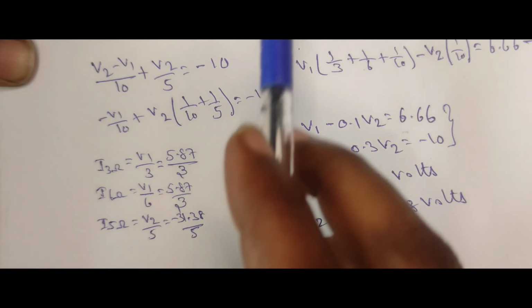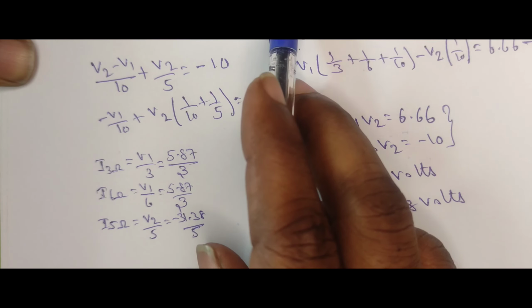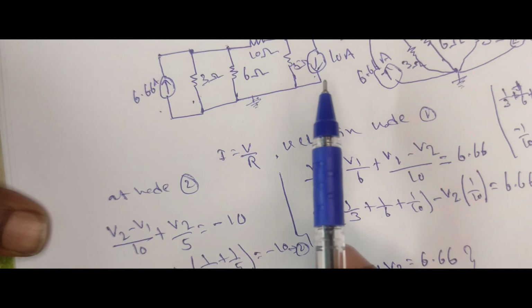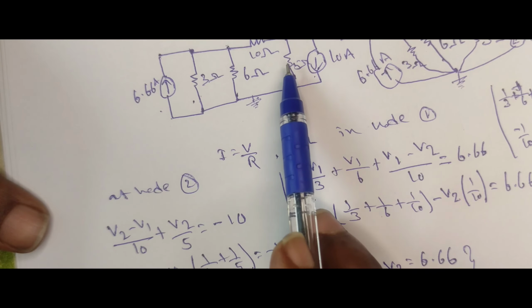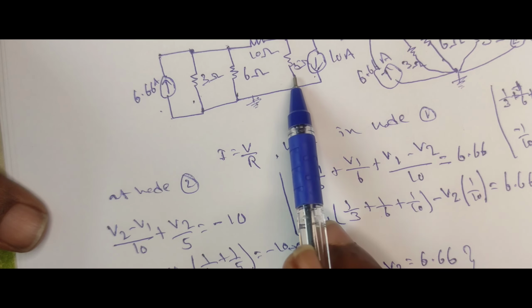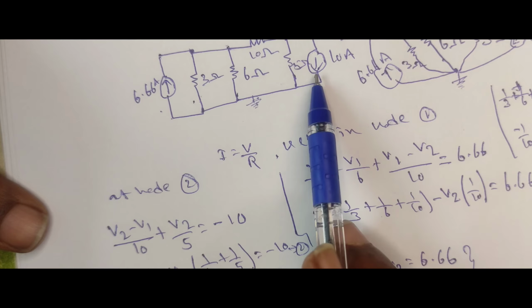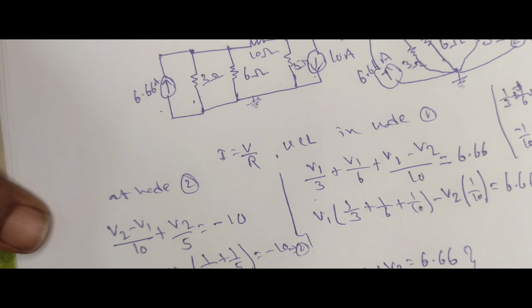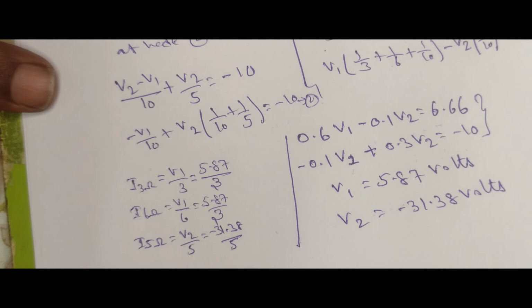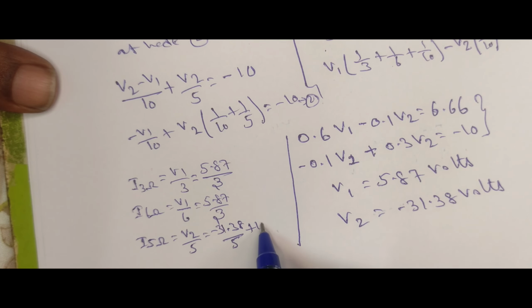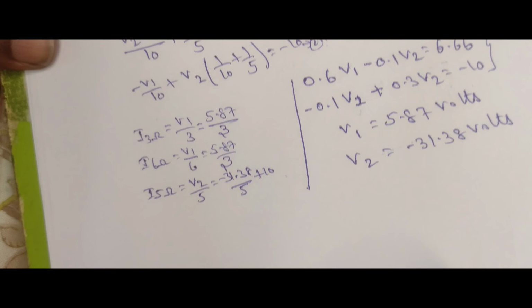Here, for V2 alone, that means the current across the 5 ohm resistance, we need to determine the available current as well as the source current. We need to check those two, then only we will get the exact answer. Here we already have 10 ampere. That 10 ampere we need to add to the resultant, then only we will get the exact answer.